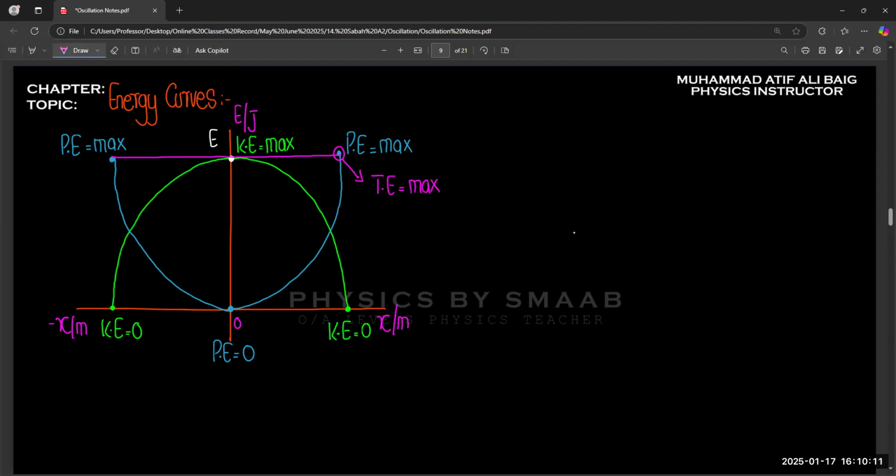In the center, same idea: kinetic maximum, potential zero. Total energy gives you the same result. And on the other extreme position, again, potential energy maximum, kinetic zero. So the total sum is again the maximum value, right?